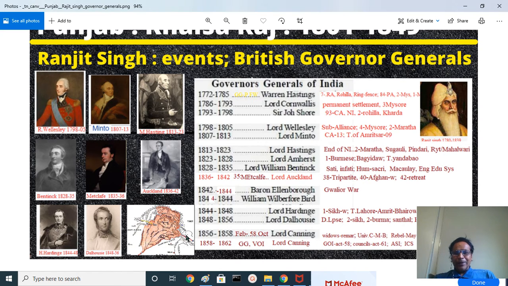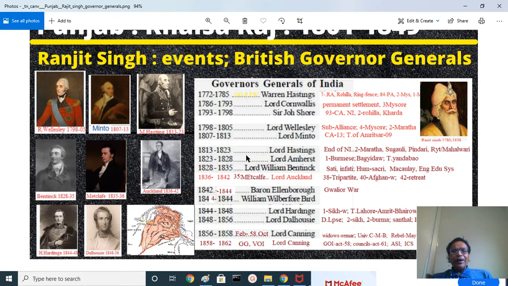The Maharaja was prohibited from venturing to the southern side of the Sutlej. So he was free to annex or expand elsewhere, and the British didn't worry at that time. He eventually annexed Kasur, Attock and the Indus region, Multan, Kashmir, and Peshawar.